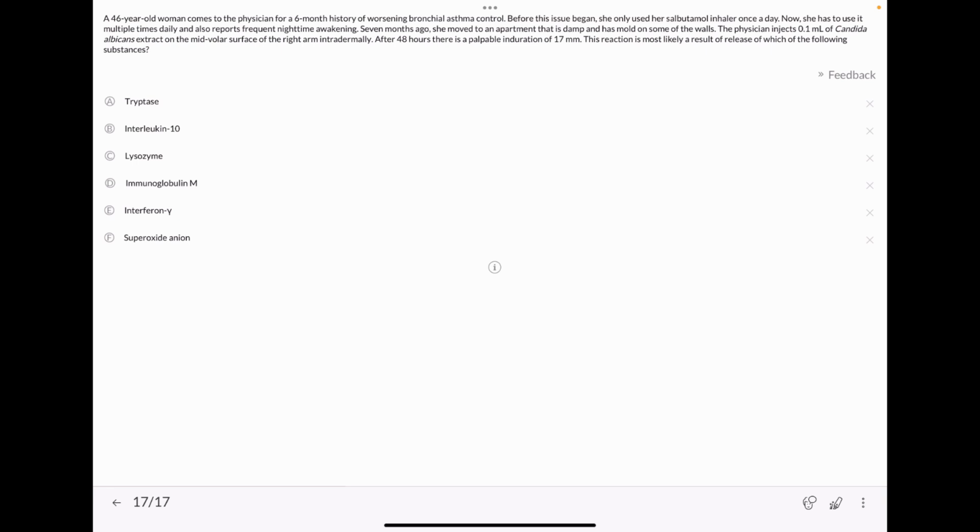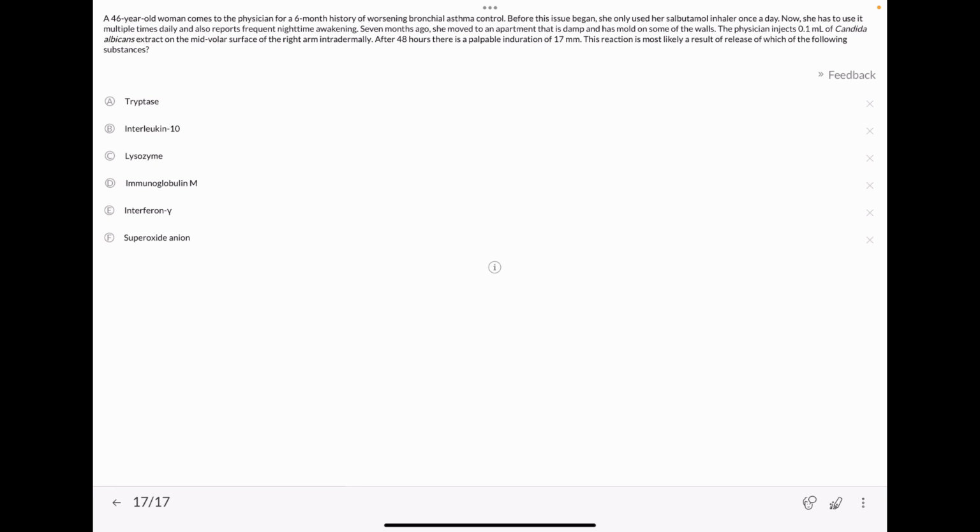Alright, last question, guys. Let's read the last two lines. After 48 hours, there is a palpable induration of 17 millimeters, which is obviously big. This reaction is most likely a result of which of the following substances? So it looks to me, guys, like this is a type 4 reaction, but we still need to read the vignette.